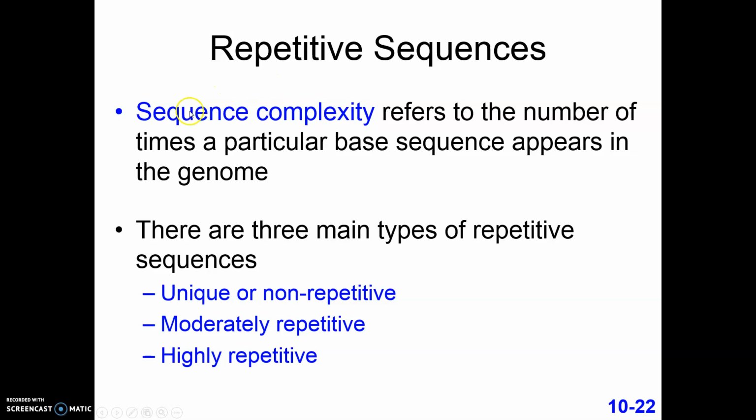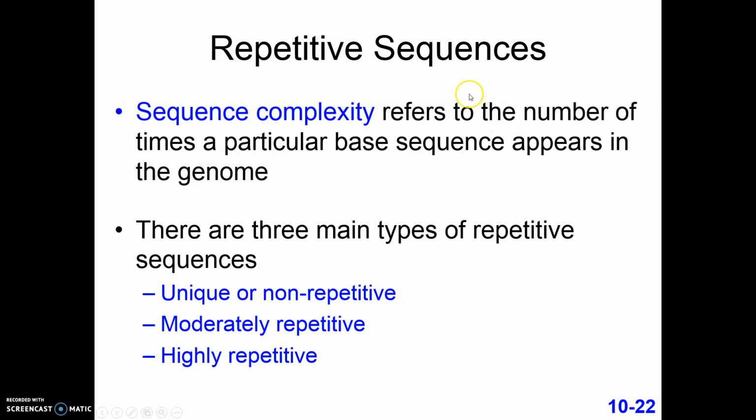All right, so let's take a look at some of these repetitive sequences. When we think about sequence complexity, what we're referring to is the number of times a particular sequence appears in the genome. You might think of this in terms of words. Here we have complexity showing up once in the sentence, but the word "the" shows up twice.